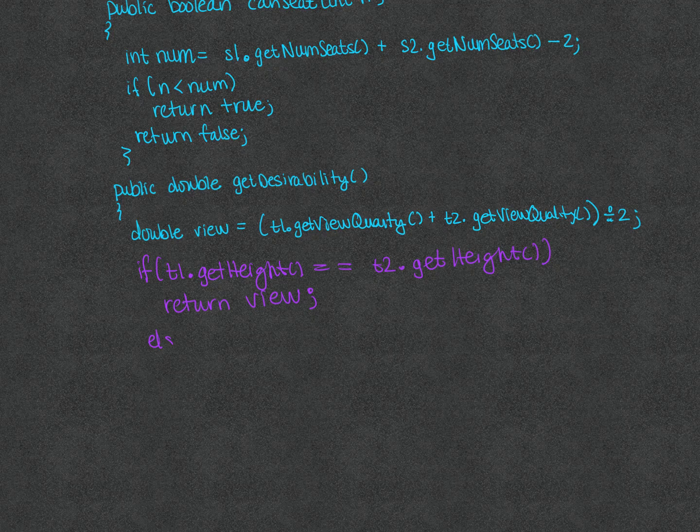Else, you're going to return, and you do not need to use else because if you hit the first return statement, you're done. Otherwise, if you skip over that first return statement, it's going to hit the second return statement, view minus 10.